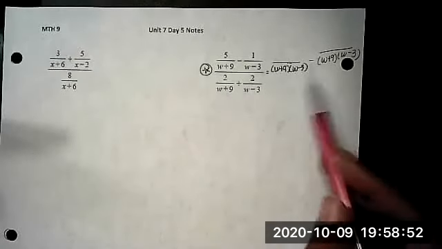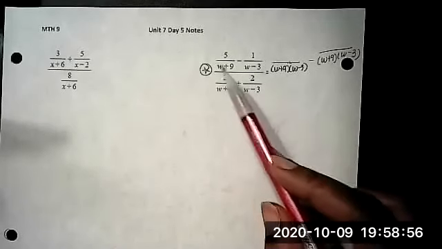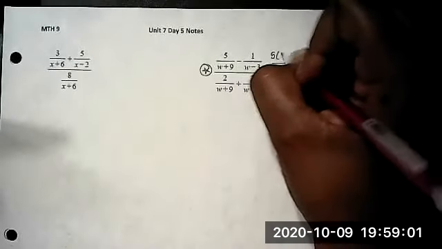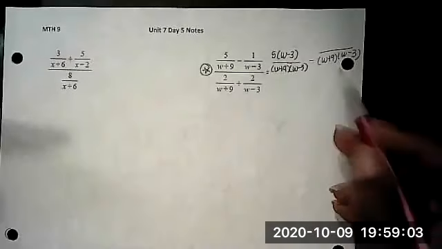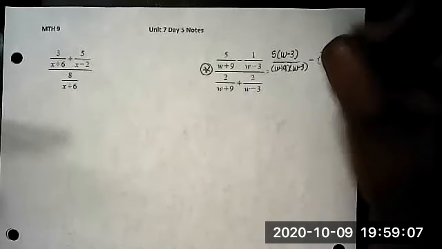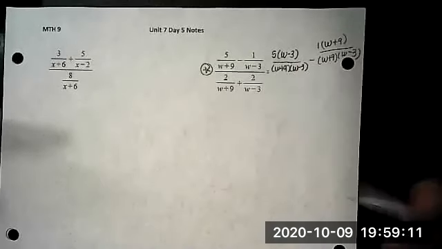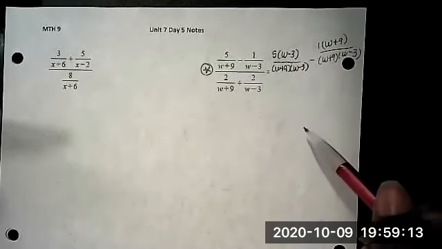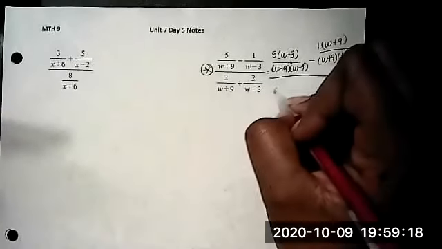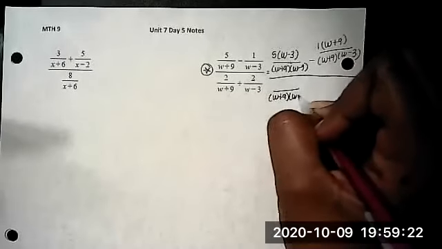What is already there is W plus 9, W minus 3 isn't there, so we're going to have to add that to the top, W minus 3. Here, W minus 3 is already there, W plus 9 isn't, so we're going to have to add that to the top. And of course, if you want to put the 1, it's fine, because you're going to have to distribute the negative.